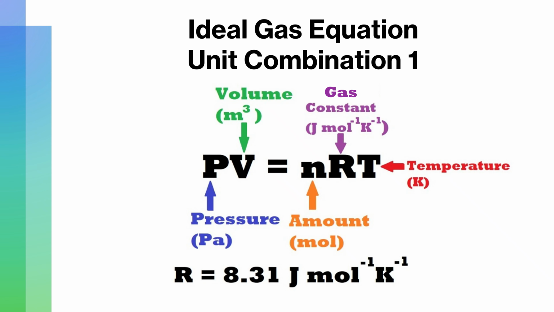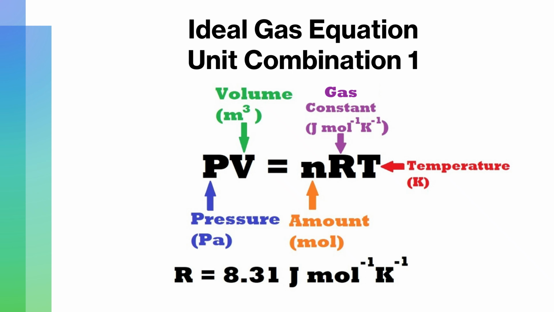What this represents is that if we were to multiply pressure by volume, it would lead to a value that is equal to the result from multiplying the amount in moles by the ideal gas constant and temperature. According to the ideal gas law, the two sides of the equation must be equal.